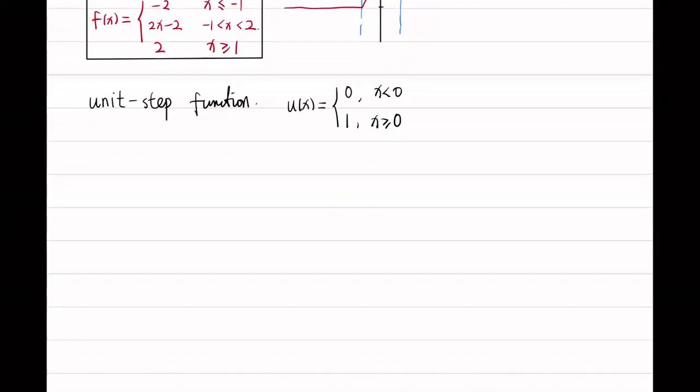Then about the function, we also have some properties of the functions. Symmetry. So first, we consider the function defined on a symmetric domain. If the domain is not symmetric, we will not talk about the symmetry of the function.